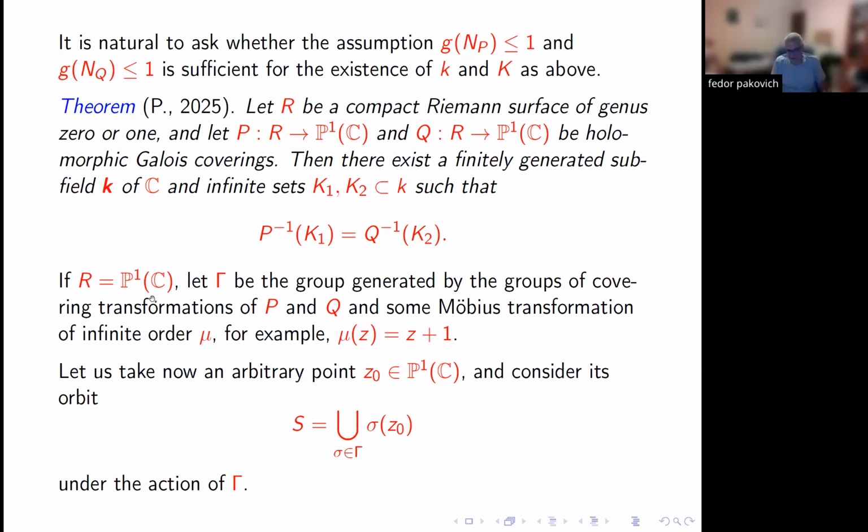Let's assume we work on a Riemann sphere, and then you can add some Möbius transformation of finite order. Now you take an arbitrary point and consider its orbit. Because it is an orbit of the group generated by all these groups, it is a union of orbits for each of these groups, and therefore you can find sets such that this condition is satisfied.